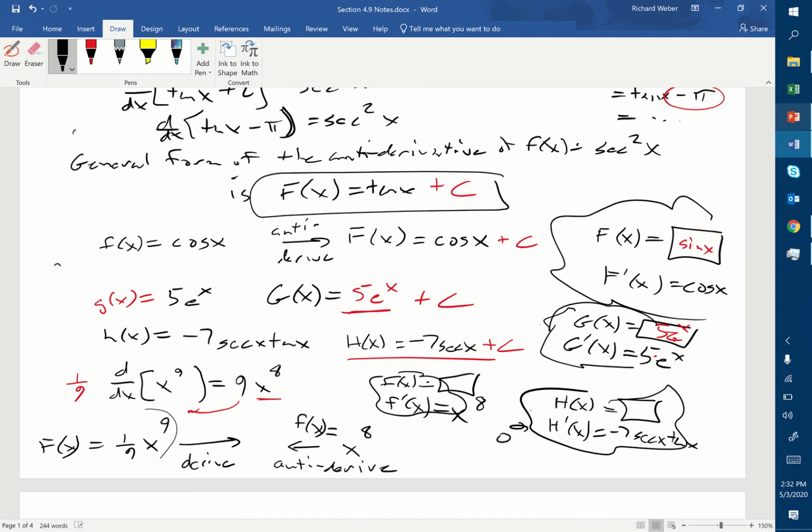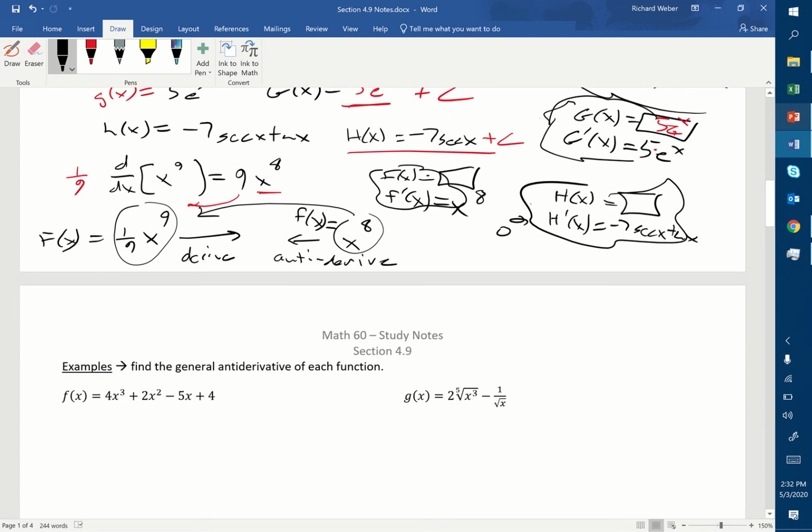look what the form is. If I want to take this guy and find his antiderivative, it's going to be the next power up, because when you derive, the power goes down. But you also divide it by that new power. So let me, before these examples, write that out up here at the top. You know that when you derive a power of x, let's say x to the n, you get nx to the n minus 1.